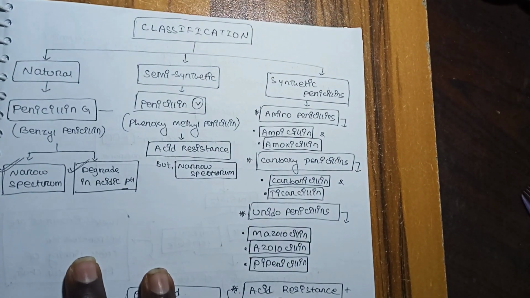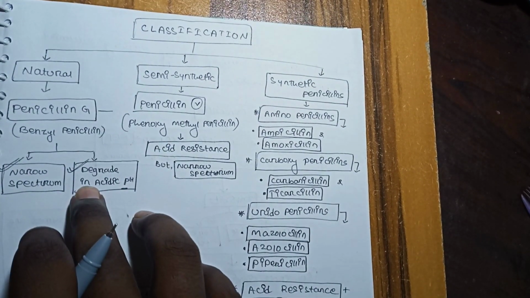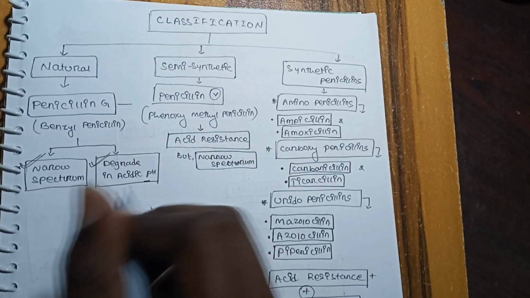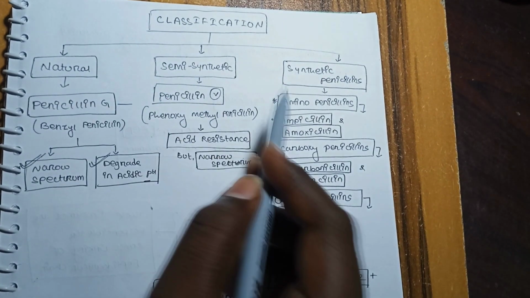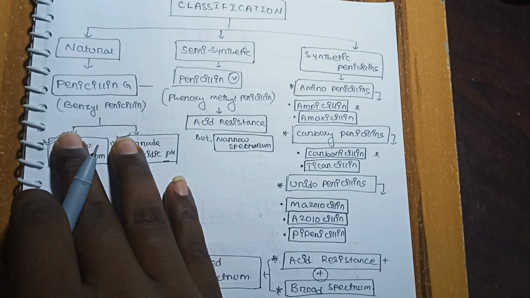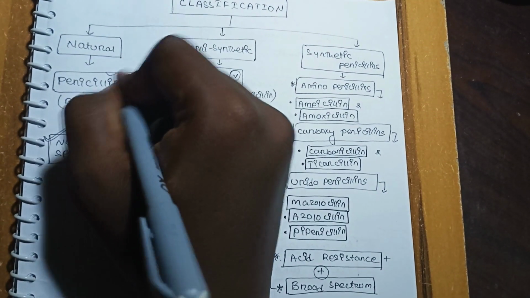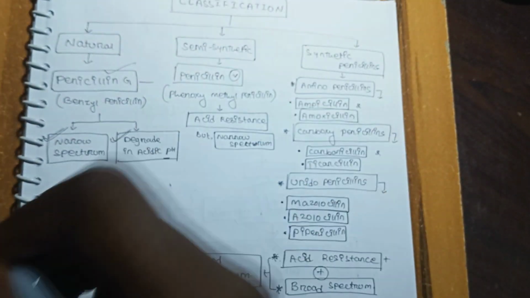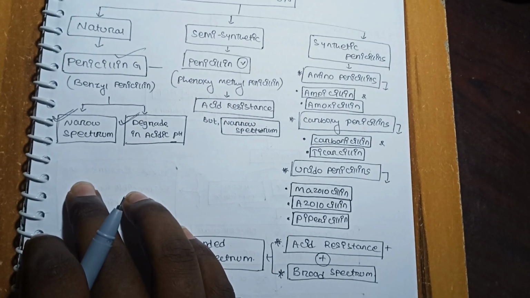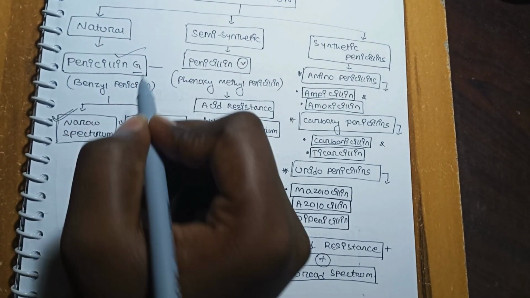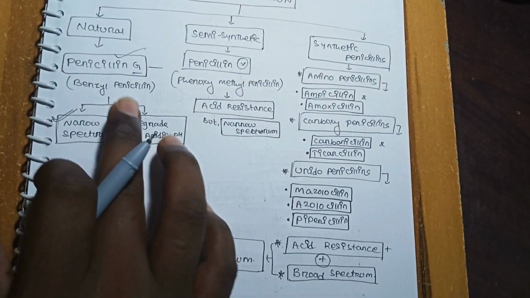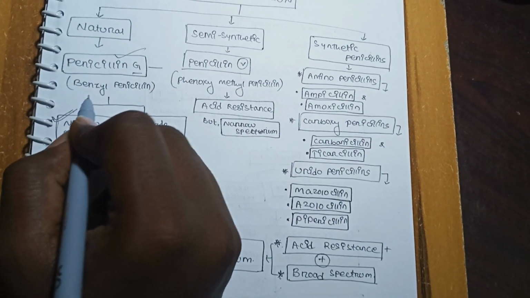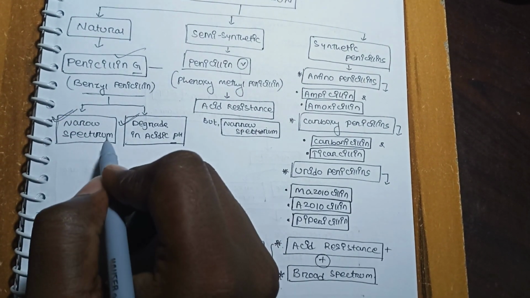Then comes the classification of penicillin. Penicillin is classified into the following categories. Naturally obtained penicillin is penicillin G, also called benzyl penicillin.